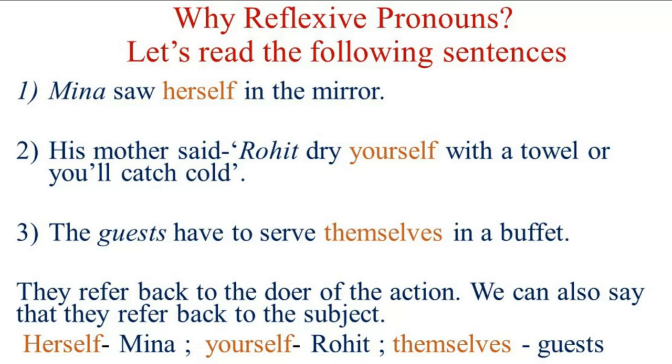For example, in the sentence, Meena saw herself in the mirror, herself goes back to Meena. Similarly, in the second sentence, Rohit, dry yourself, yourself goes back to Rohit. And in the third sentence, themselves refer back to the guests. So, the reflexive pronoun refers back to the doer of the action in the sentence.